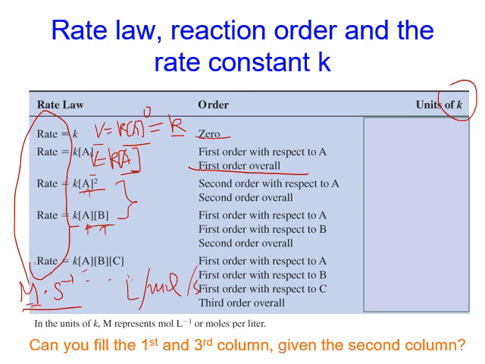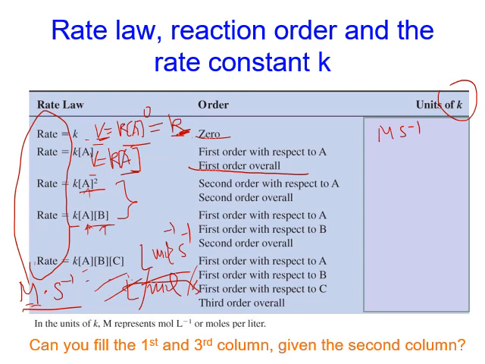So these are equivalent, or you write it as liter per mole per second. If it's zero order, then because the reaction rate equals K, they have the same unit, and therefore the rate constant unit should be just molarity per second.